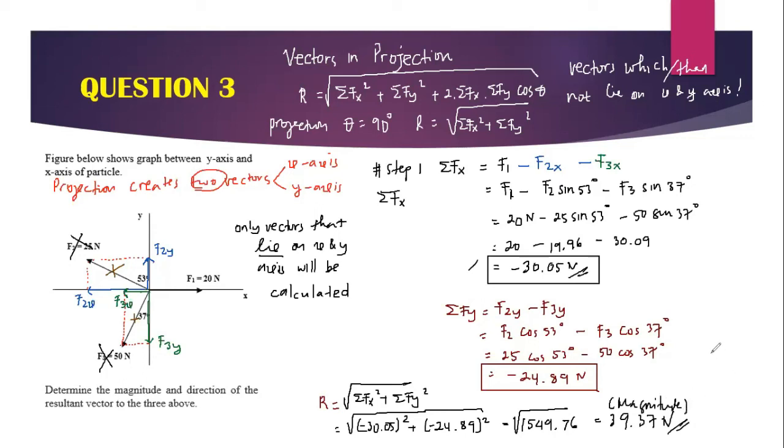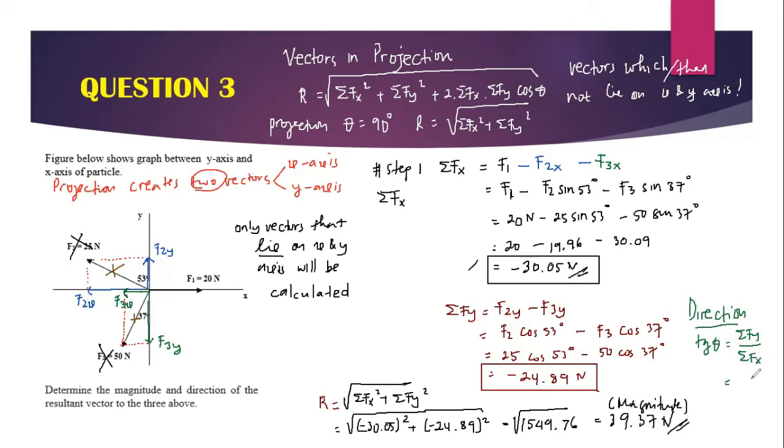So what about the direction? This is the direction. Tangent theta equals sigma Fy over sigma Fx. This is the formula.